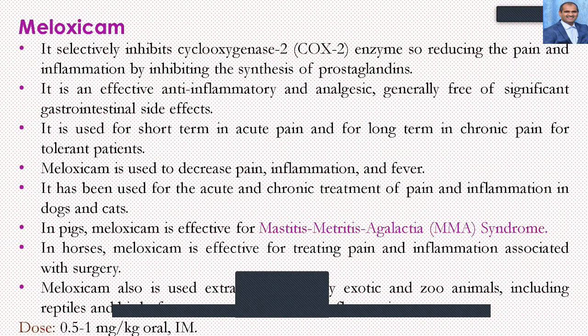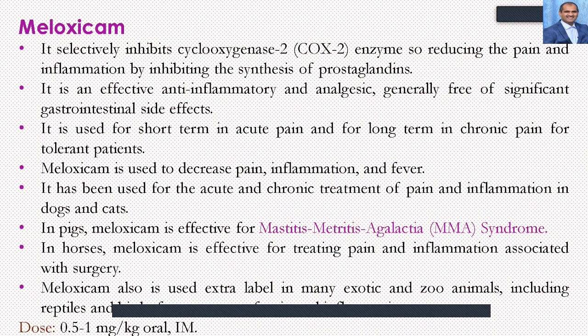Meloxicam is used to decrease pain, inflammation, and also as an antipyretic, and it has been used for the acute and chronic treatment of pain and inflammation in dogs and cats. In pigs, meloxicam is very effective for the mastitis metritis agalaxia or MMA syndrome. What is MMA?